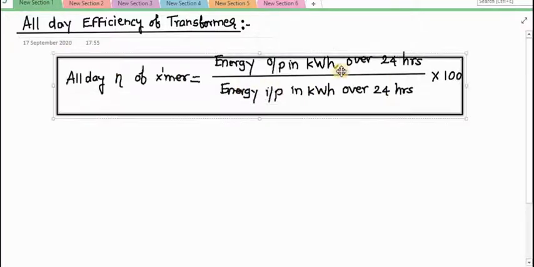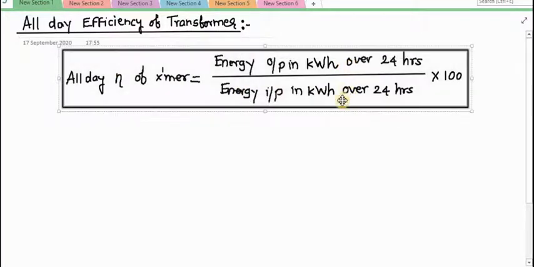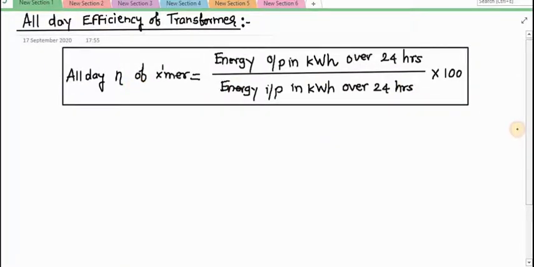so that we will get the all-day efficiency in percentage. Okay, so how to define the all-day efficiency for the distribution transformer? It is defined as the ratio of the energy output over a period of 24 hours to the energy input over the same period. So whenever a transformer is to be selected for distribution purposes, we have to select a transformer having the higher all-day efficiency.